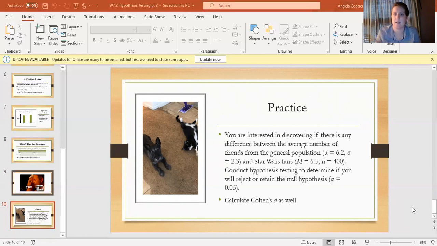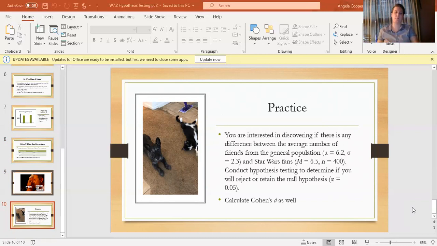Now it says, is there any difference? That's not saying, do they have more friends or fewer friends? So we're going to have a two-tailed test because our alternative hypothesis is going to be not equal to. Null hypothesis: mu equals 6.2. Alternative hypothesis: mu does not equal 6.2.